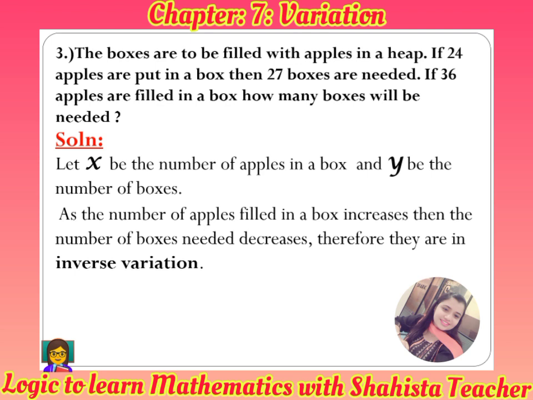Therefore, they are in inverse variation. That means if the number of apples filled in a box increases, then the number of boxes needed decreases. So x inversely varies 1 upon y, where number of apples filled increases, then number of boxes needed decreases.